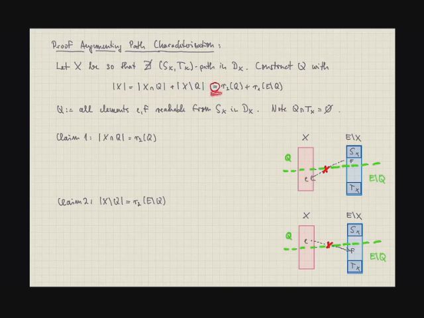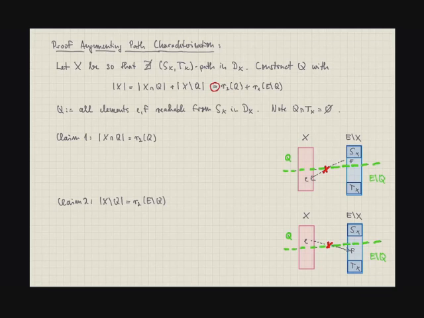Now, how do I construct this subset Q with a given independent set X? And that is almost the same as we did it for constructing minimum cuts with a given maximum flow.